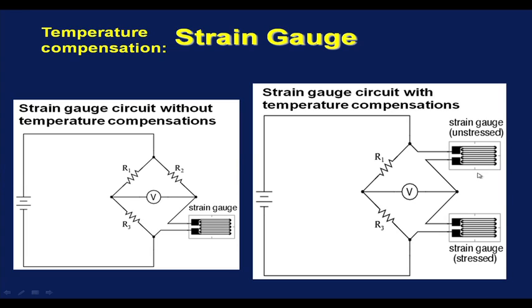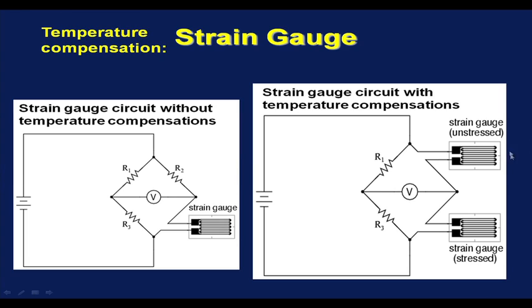Now, the effect of temperature will be the same in both the strain gauges. So, changes in resistance of the strain gauges by temperature alone will be the same in both gauges, but the strain gauge that is strained or stressed will have additional change in resistance which comes from the strain.